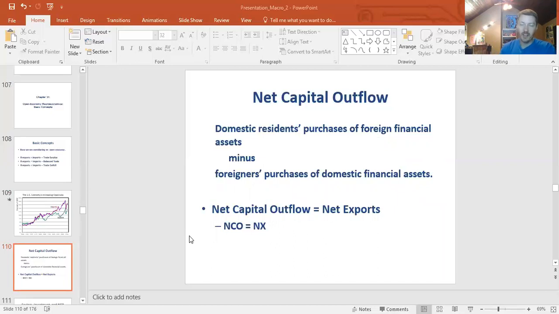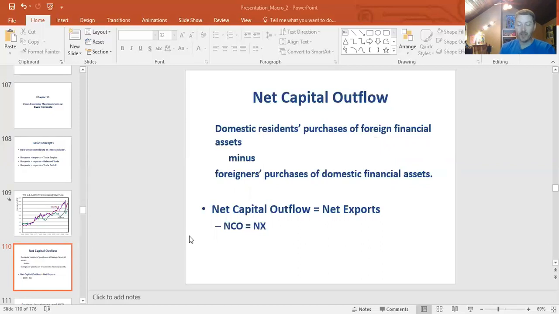We're talking about bonds and stocks that we buy from other countries, and bonds and stocks that other countries buy from us. So how many foreign financial assets are we buying, in America, just use that as the example, minus how many of our financial assets are foreigners buying? That's termed net capital outflow.